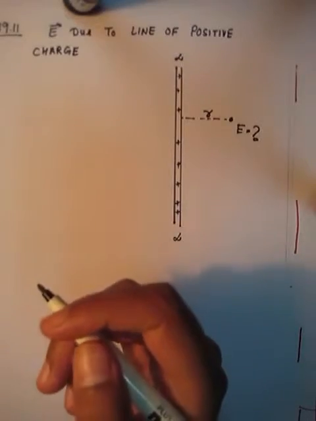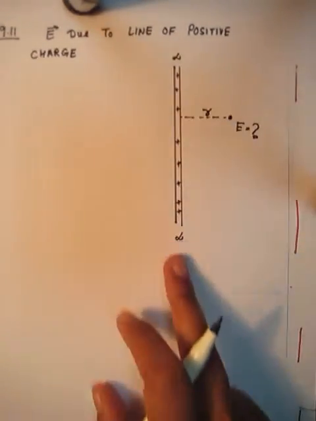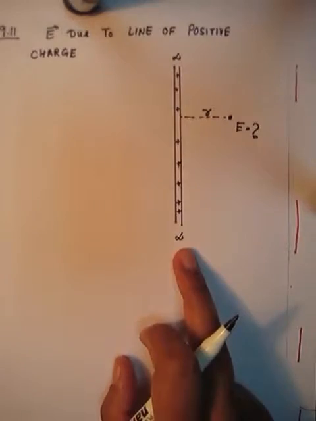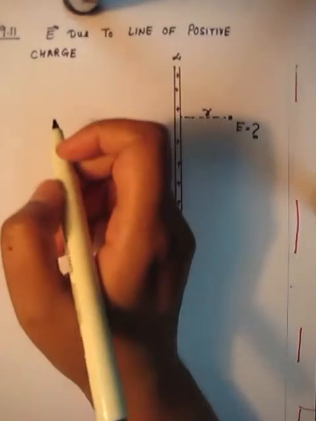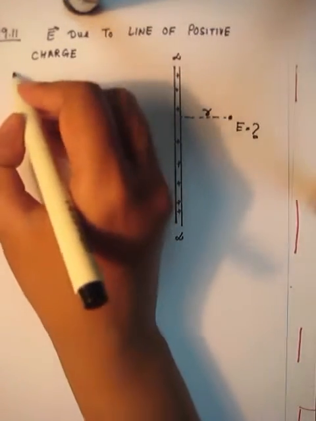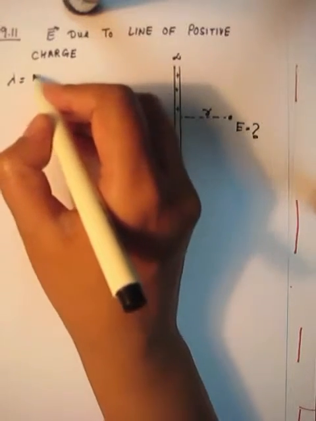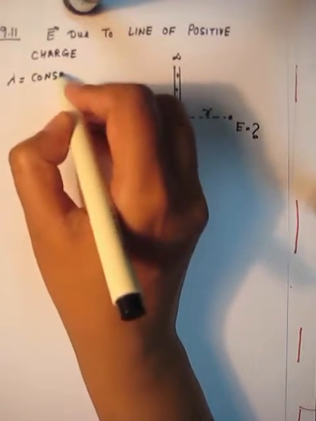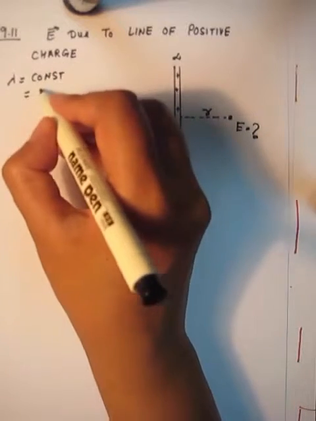What is given is that the length of this wire is infinite and it has a constant charge density. I hope you remember what is charge density.